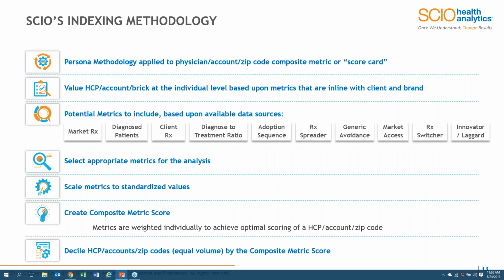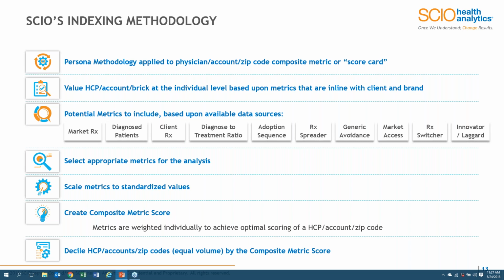There's a variety of different metrics that can be included into how we value an HCP or a facility. So in general, we would identify, based on the client's needs, what those data sources might be. We then identify what the appropriate metrics might be for the analysis. We would do some mathematical scaling of the metrics behind the scenes, and then we would create this composite score.